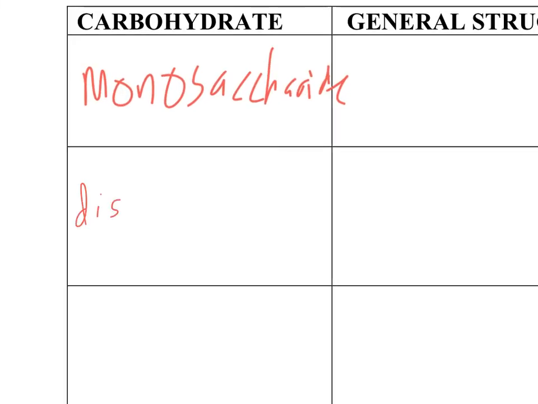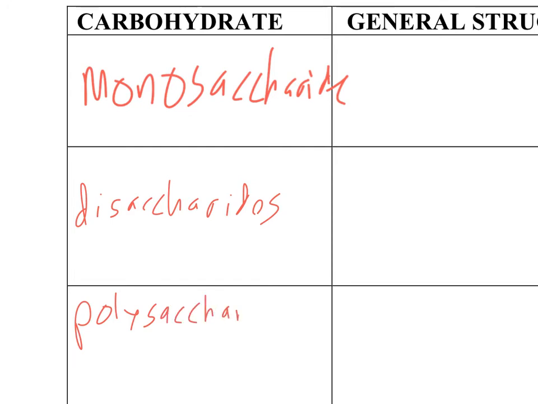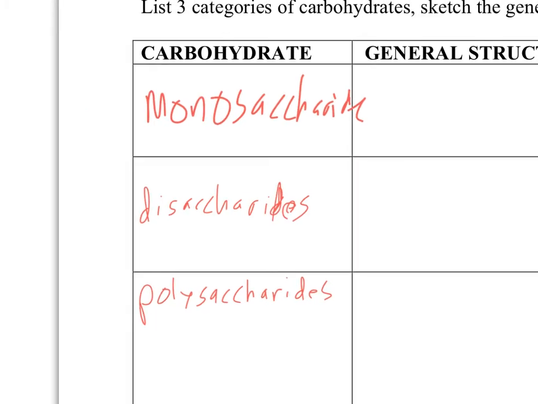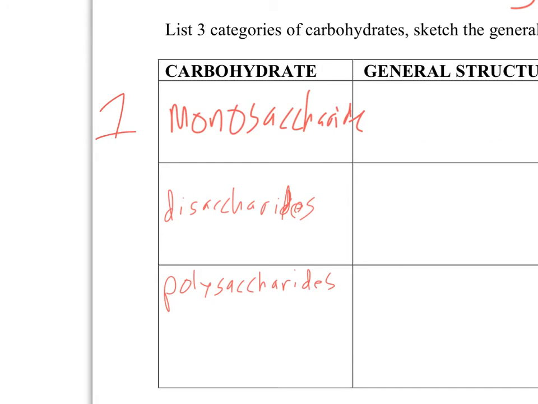Disaccharides. And you got polysaccharides. Monosaccharides, disaccharides, and polysaccharides. So this is one sugar, two sugars, many sugars, two plus.